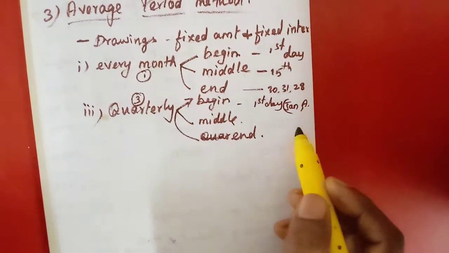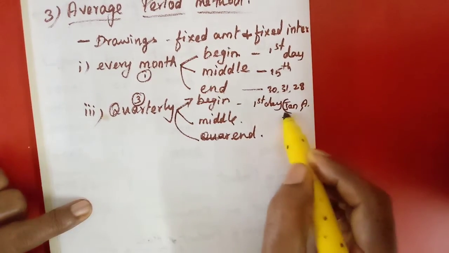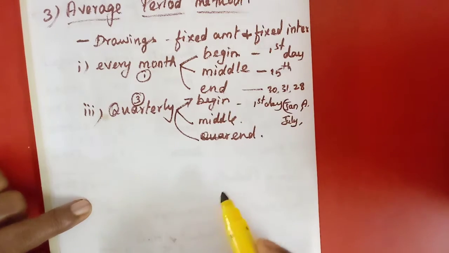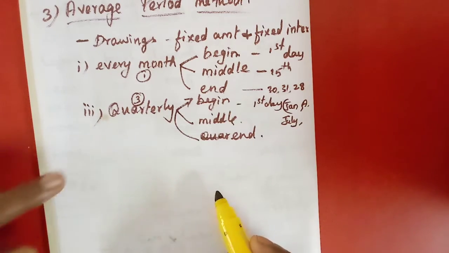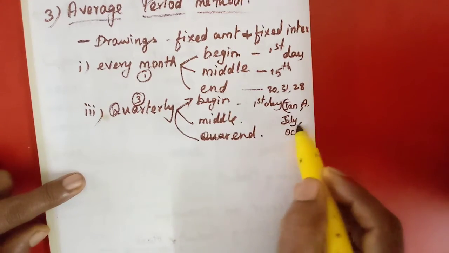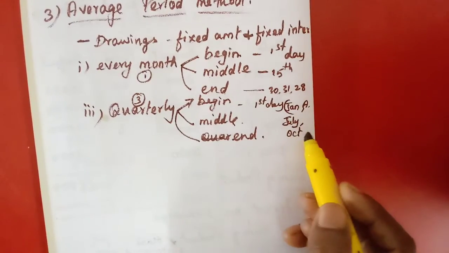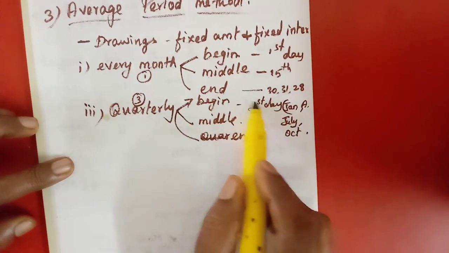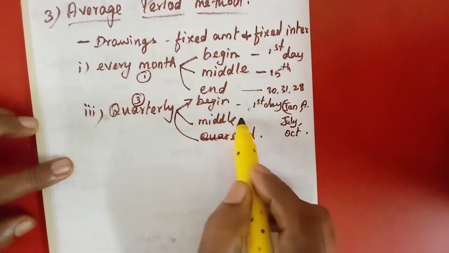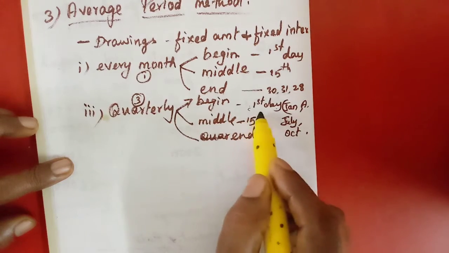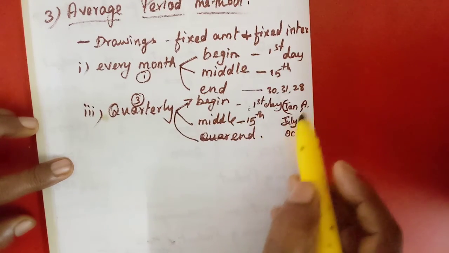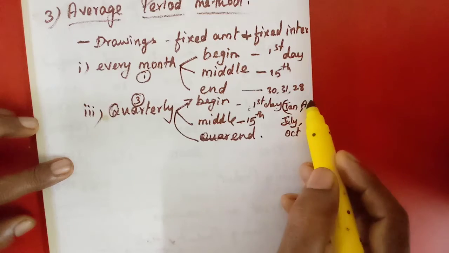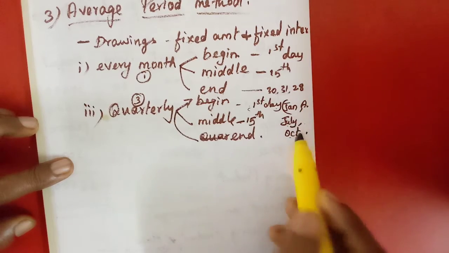Then after April, May, June, then July, August, September, then October. So 4 times he will withdraw. In these 4 months he will withdraw on the first day. Then the 15th day, middle: January 15th, April 15th, July 15th, October 15th.